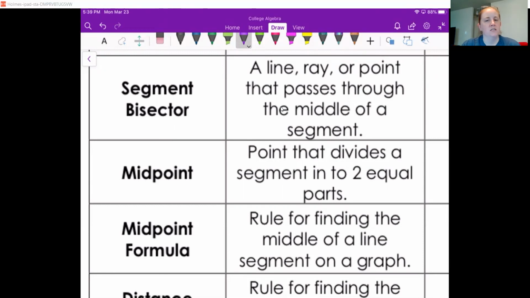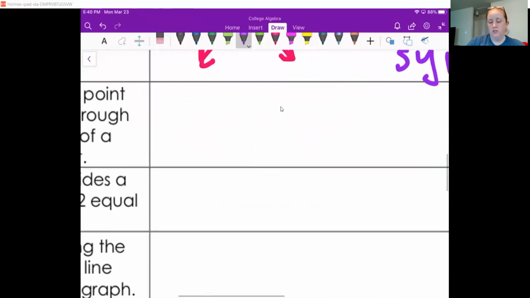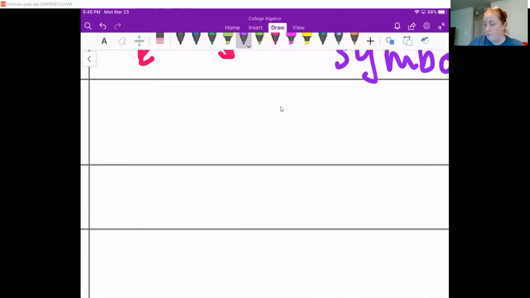And what specifically is it doing? That is the point, the spot, the place, the specific location that divides a segment into 2 equal parts. So the segment bisector cuts the segment in half at the midpoint. So they are very much related here. So these 2 boxes are going to kind of go together.